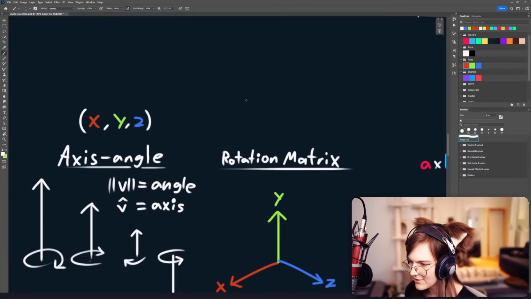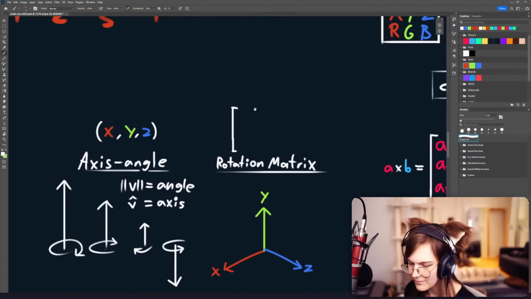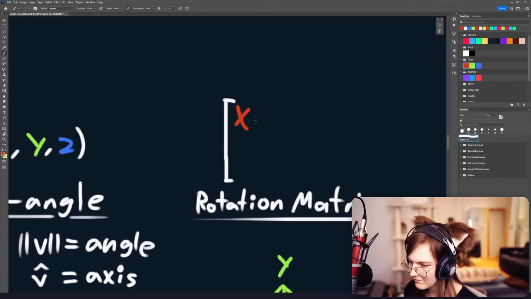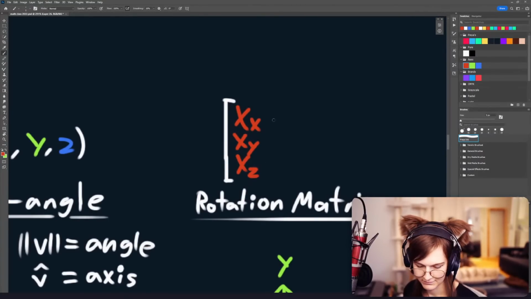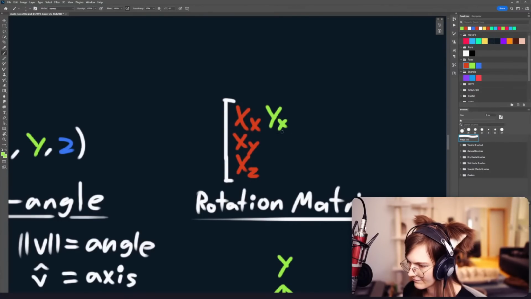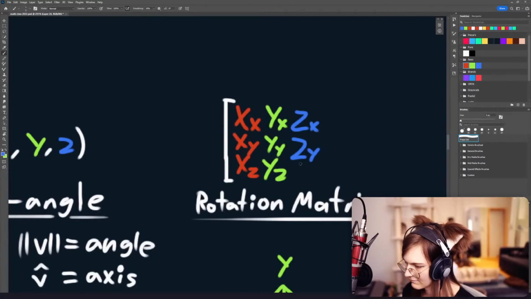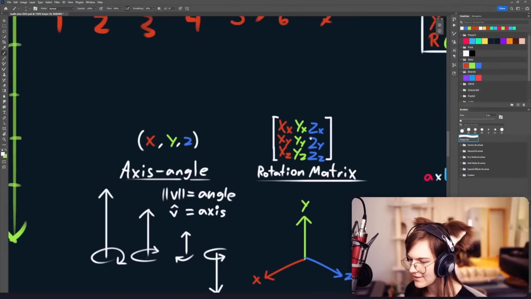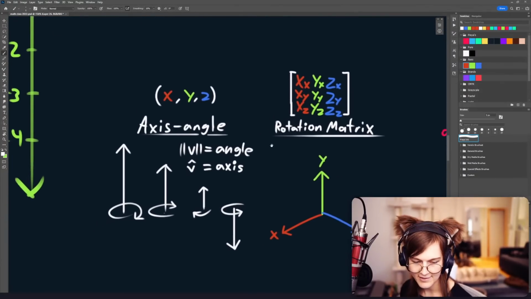And then the rotation matrix is stored in a 3x3 matrix. There we go. Just so you have a sense of what data is contained in either of these representations.